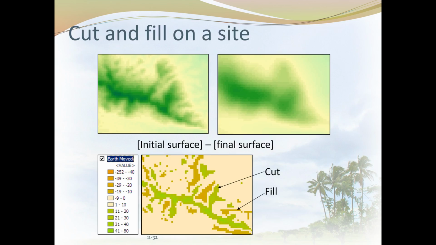Okay, and then cut and fill on a site. The cut and fill function calculates the differences between two input surfaces and is used for developing estimates of the amount of material to be added or removed from a building site.